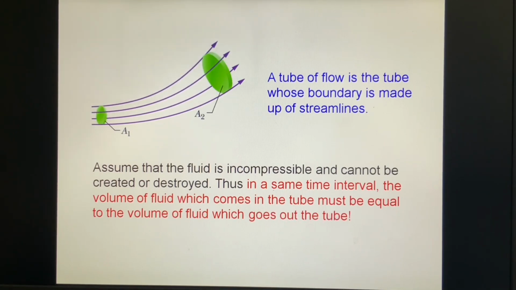Three conditions. First, the fluid is incompressible. Second, it is not created or destroyed.